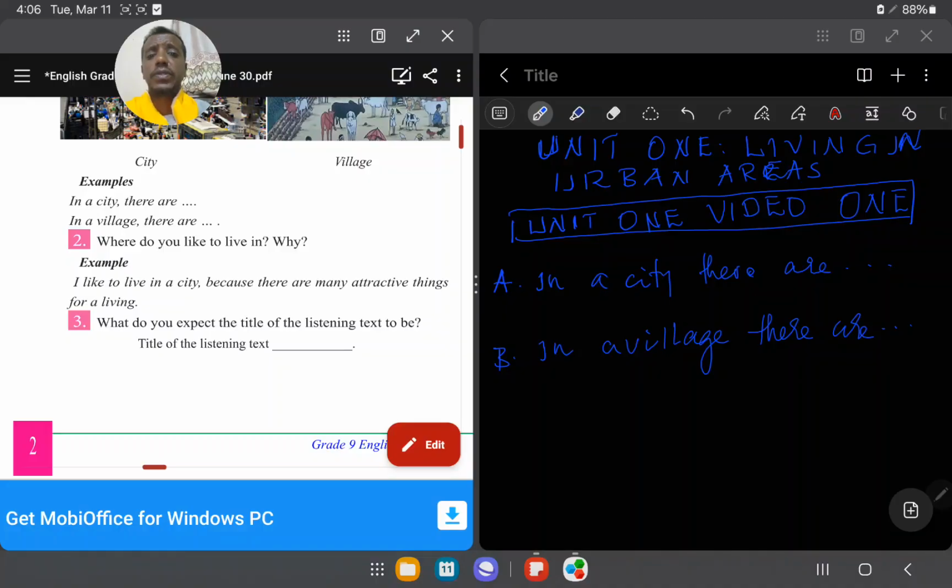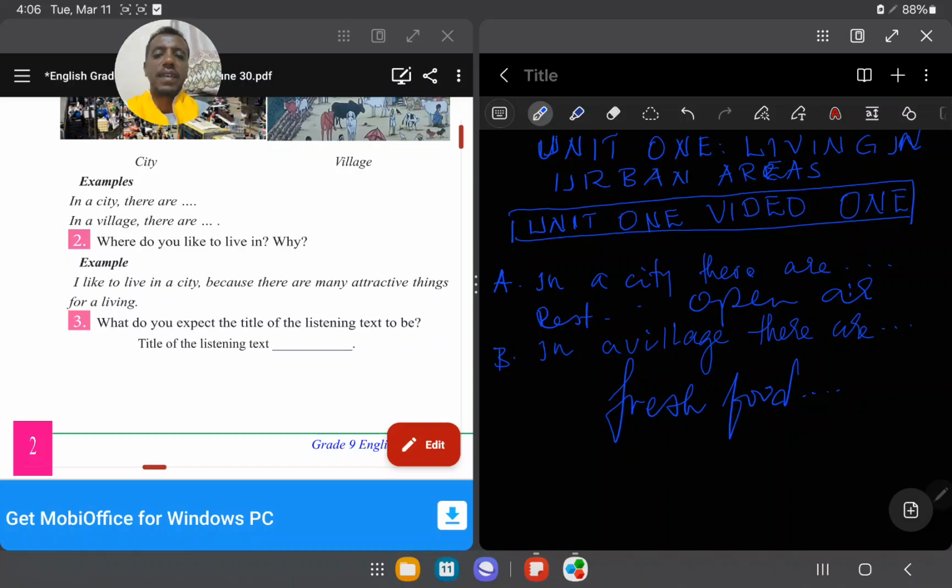There is fresh food, not fast food, which is healthy. You can understand here there is open air. Another one is, for example, restaurants. You can see this kind of difference.